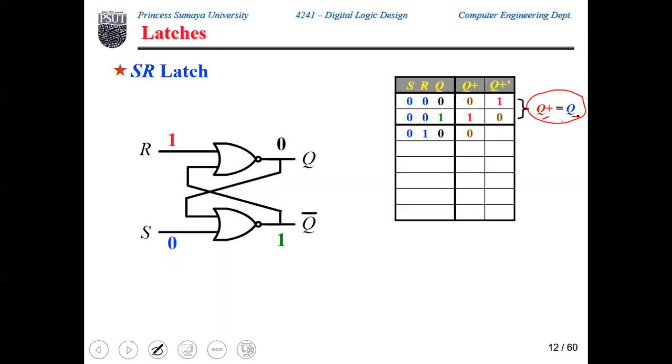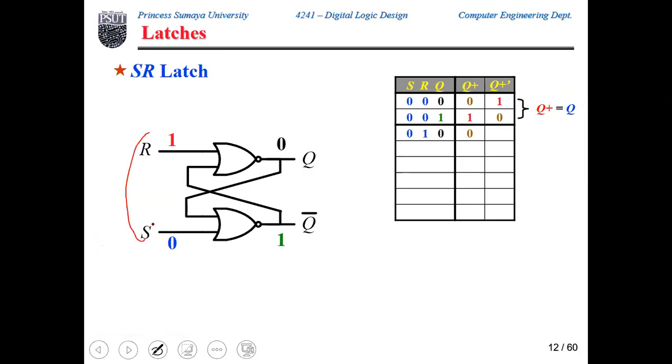It can be achieved in the SR latch as long as S and R are made 0. So if Q is 0, it will stay 0. If Q is 1, it will stay 1. Okay, so this is the first scenario in which we set S and R to 0, 0.